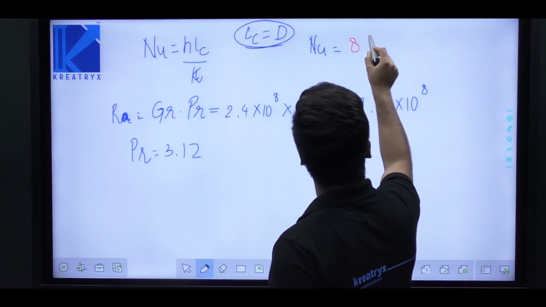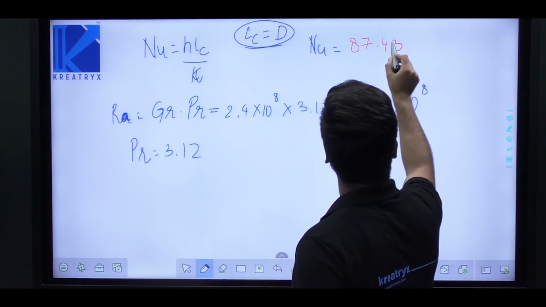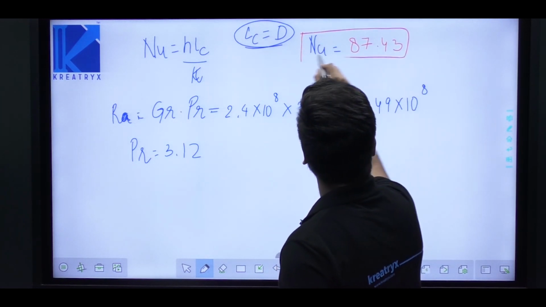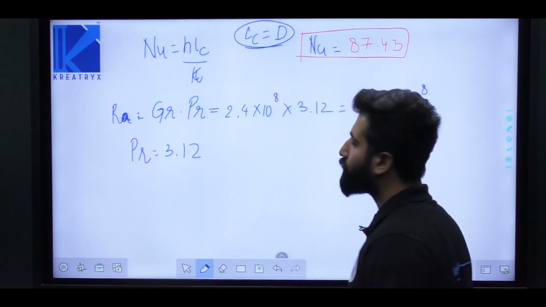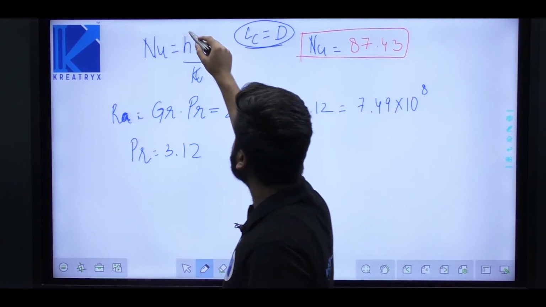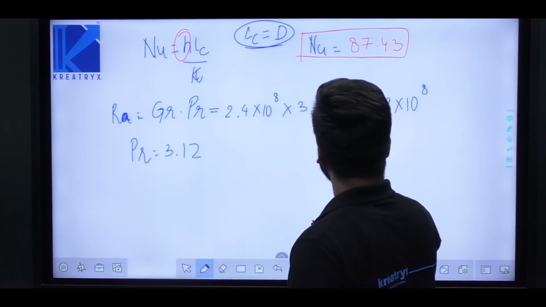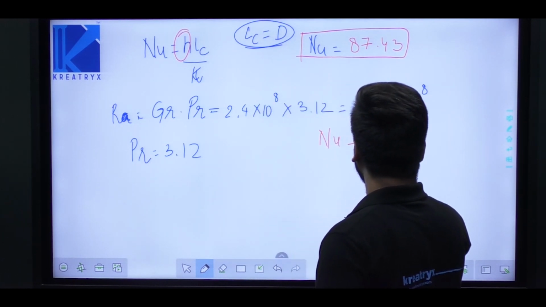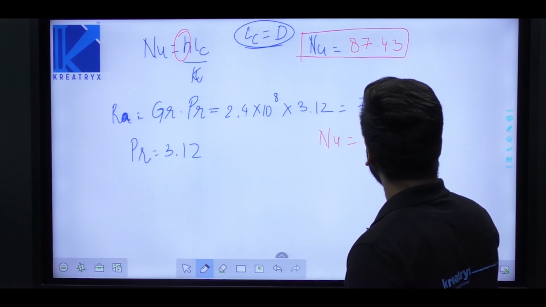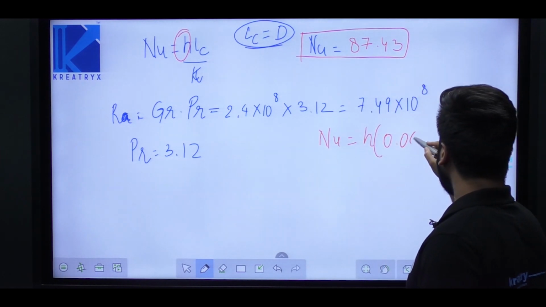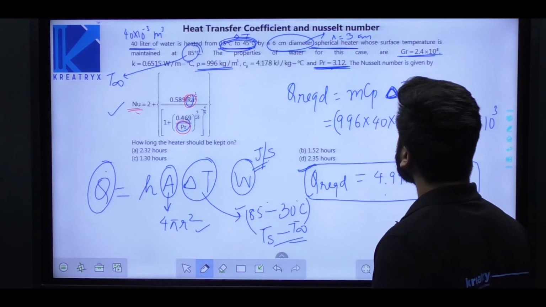So you will get the Nusselt number as 87.43. Now as I have the Nusselt number, I can find h, because Nusselt number is equal to h Lc by k. Lc is the diameter in this case, 0.06 meter, 6 centimeter, right? Yes.